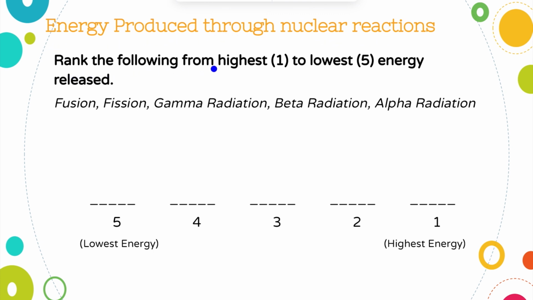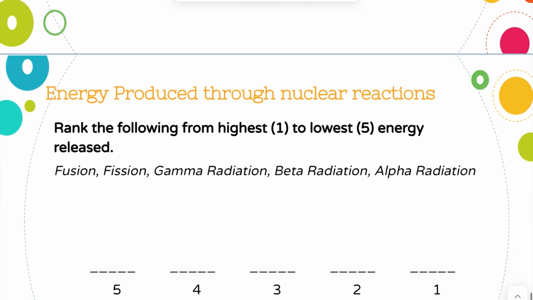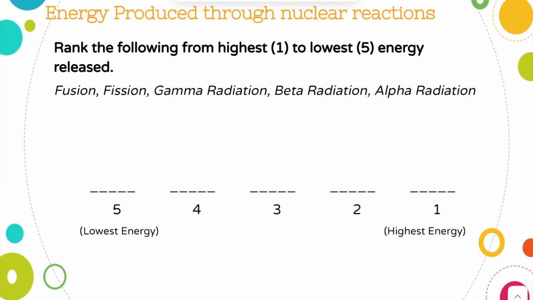And we've discussed how energy is produced through these reactions. If we look at ranking from highest to lowest energy that gets released, well, what we just talked about was fusion, and fusion is going to produce the highest amount of energy. After that is fission, and fission is actually what we use for nuclear power and in nuclear power plants with those chain reactions.